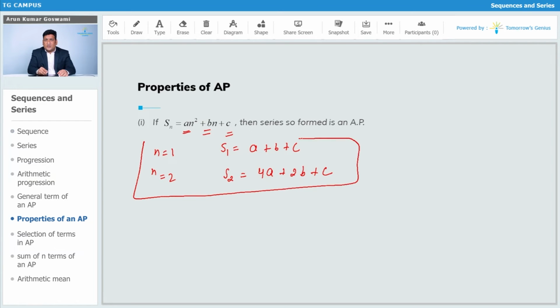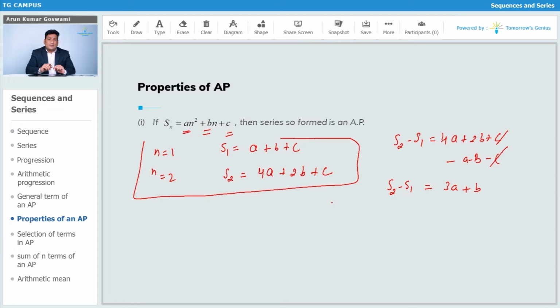By this you get to know that I'll subtract S2 minus S1. So what I'm going to get is 4a plus 2b plus c minus a minus b minus c. Minus c cancelled out, and we are getting 3a plus b. So this is S2 minus S1. Similarly, you can do S3 minus S2 directly. There are two ways to get the an, because the most important part is to get the an.